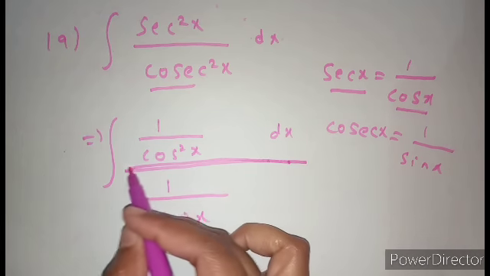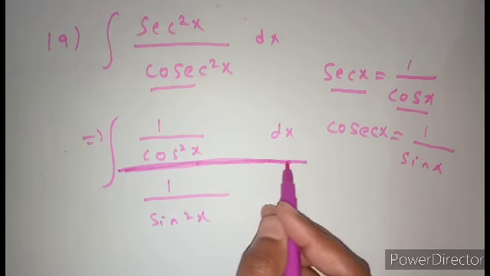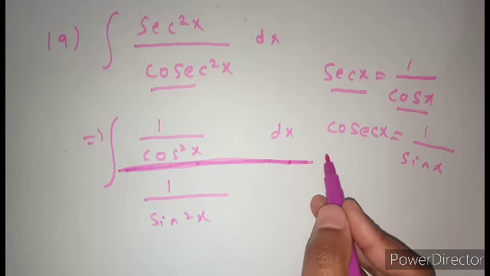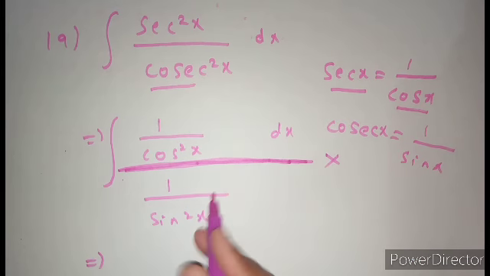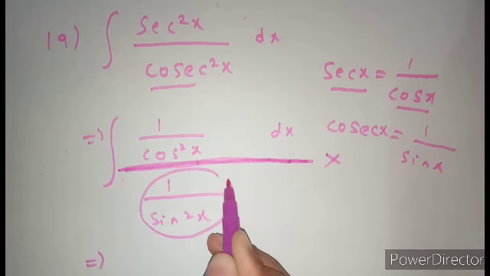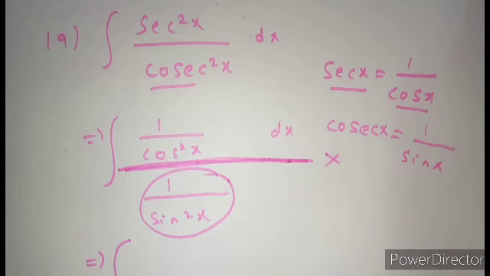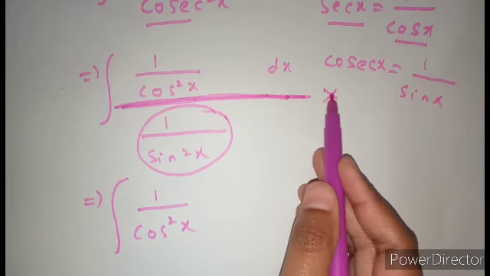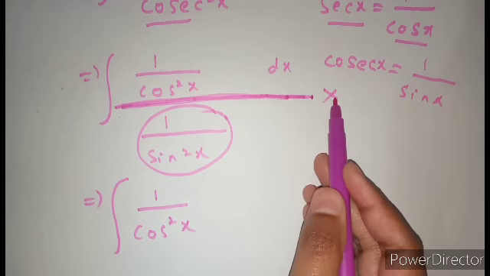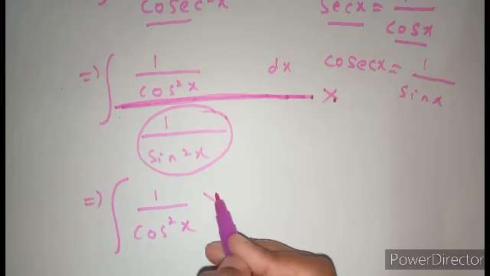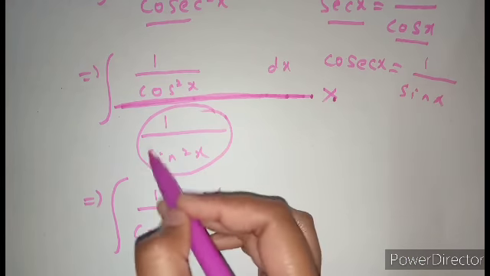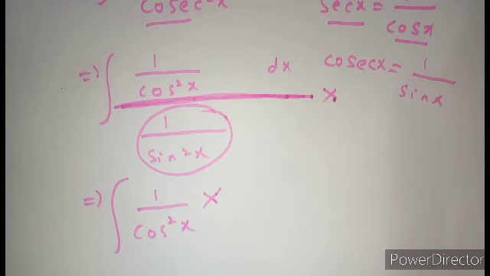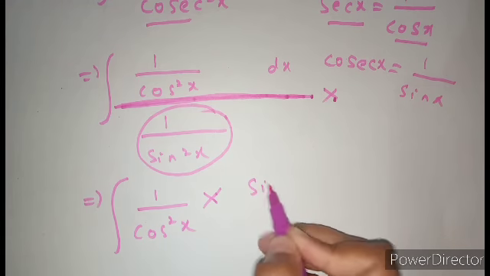If I want to make it into multiplication, I have to take the reciprocal of this denominator, okay. 1 by cos square x as it is. This divided by becomes multiplication symbol, if I take the reciprocal of 1 by sin square x, the reciprocal of 1 by sin square x is sin square x upon 1, okay.